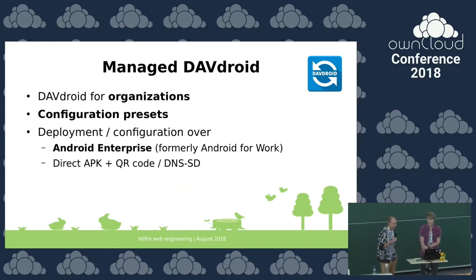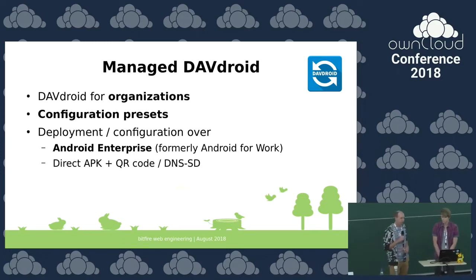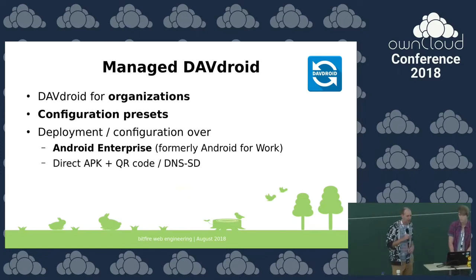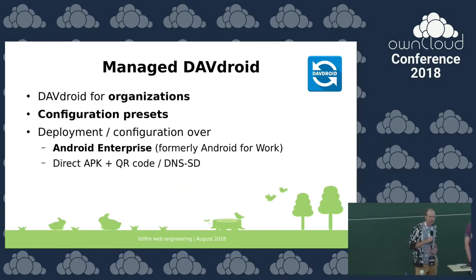It can be used, we recommend to use it with Android Enterprise, which many of you maybe know as an EMM or MDM solution. But you can also deploy managed DAVdroid internally in the network of a company, maybe via DNS SD, DNS service discovery.